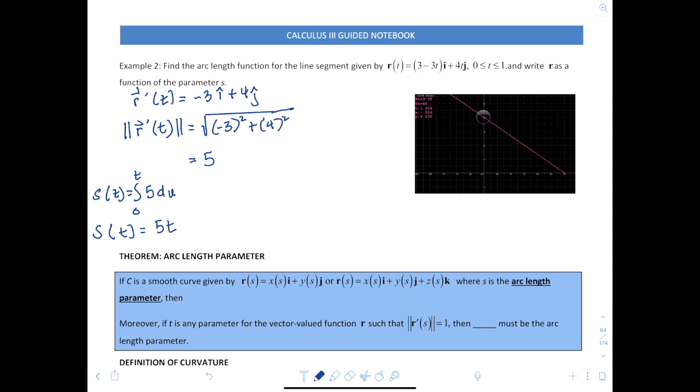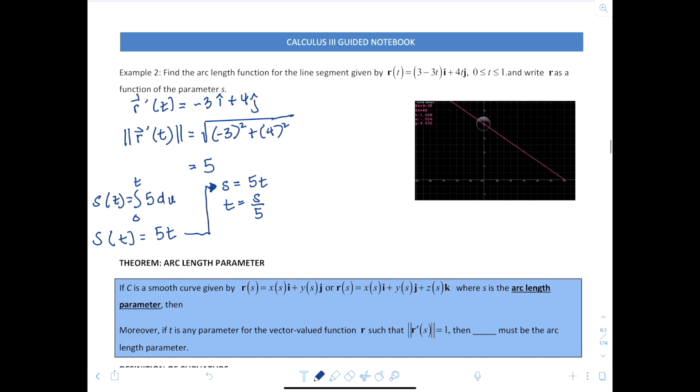Now, that's written in function notation. If you write this as s is equal to 5t, and if we isolate t, we'll get s over 5. Cool so far?